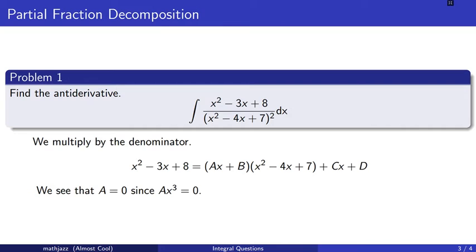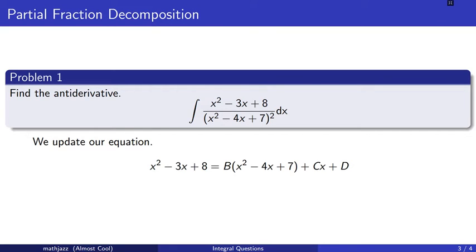So we know that a has to be 0. Knowing that, we can substitute a equals 0 into this equation to get a simpler equation, like so. This looks better already, because now we have no binomials times trinomials on the right-hand side.